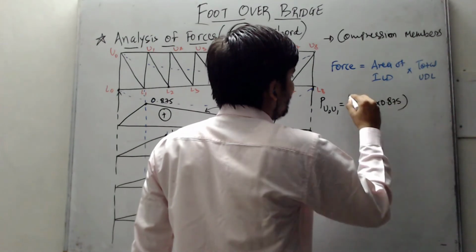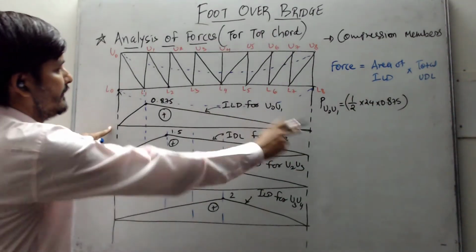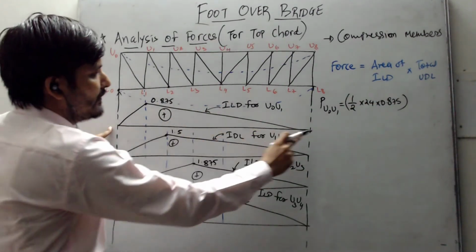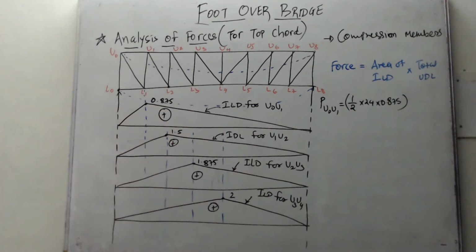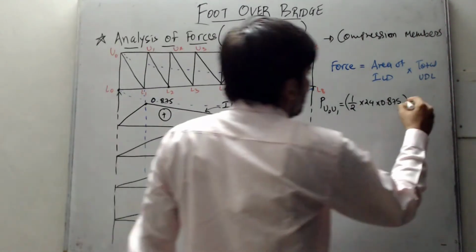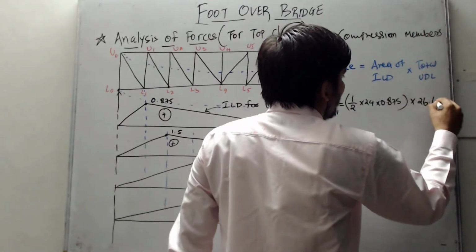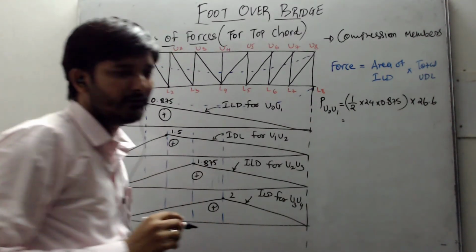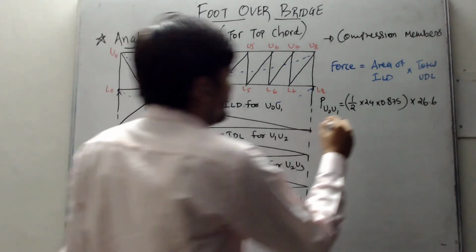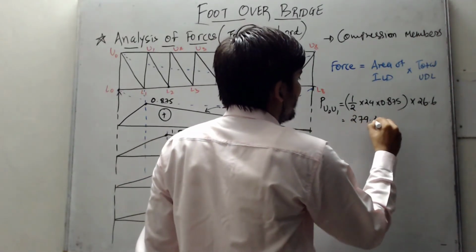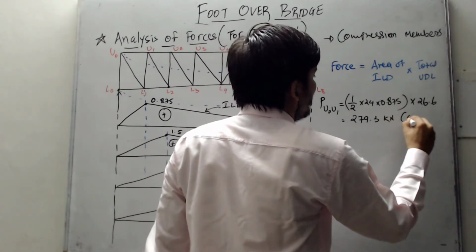This is your triangle. 24 is the length and height is 0.875, and multiplied by the total UDL that we calculated, which was 26.6. If you calculate this, you will get your force in member U0 U1 as 279.3 kilonewton, and this will be compressive force.